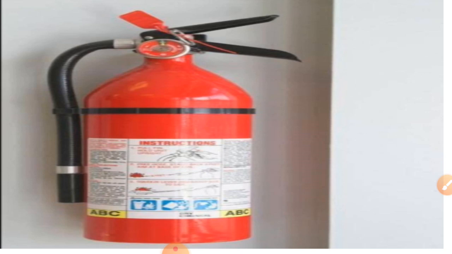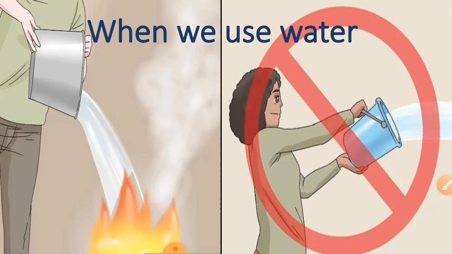So we have different types of extinguishers, but sometimes we use water to control the fire. So when should we use or not use water to extinguish a fire? When wood, paper, and cloths are on fire, we can use water to extinguish them. Water lowers the temperature of the burning material below ignition temperature, and thus the fire stops burning.